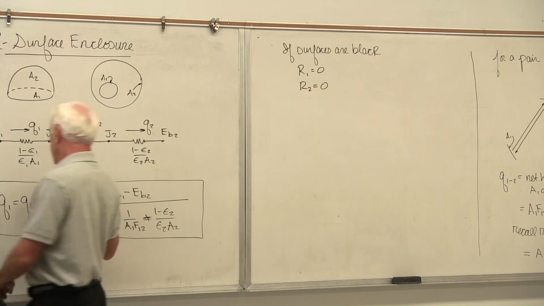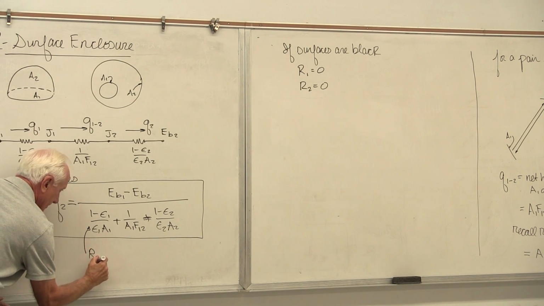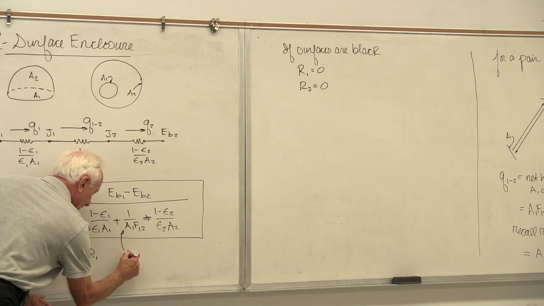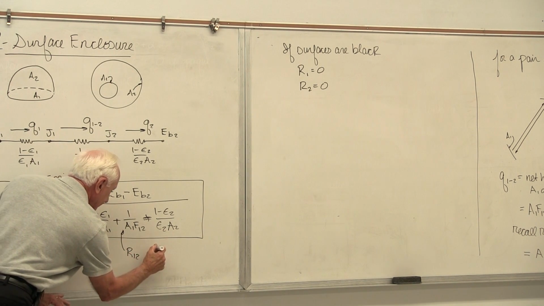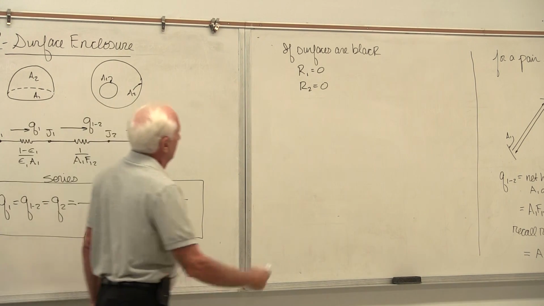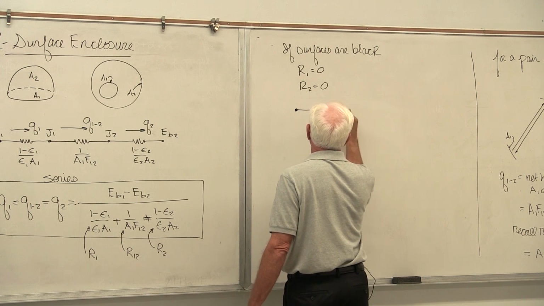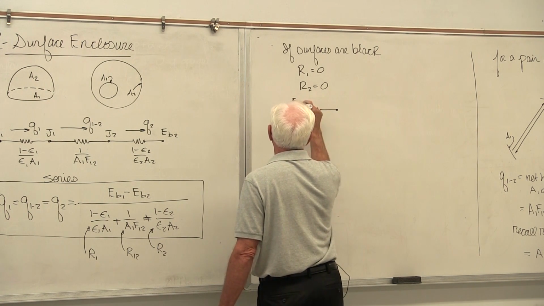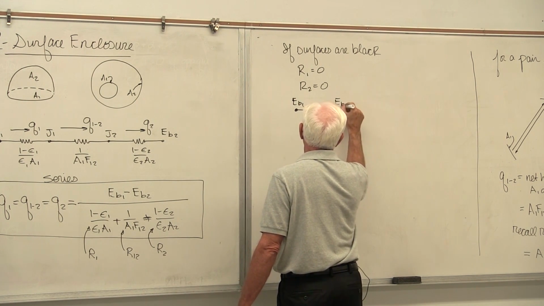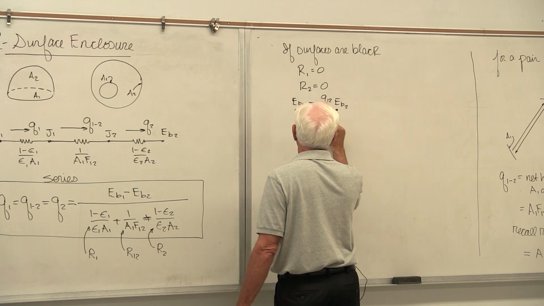And we call these guys R1, R12, R2. EB1, EB2, Q12, R12.